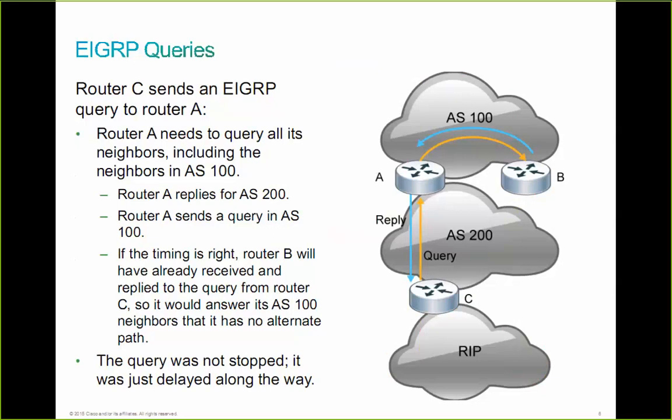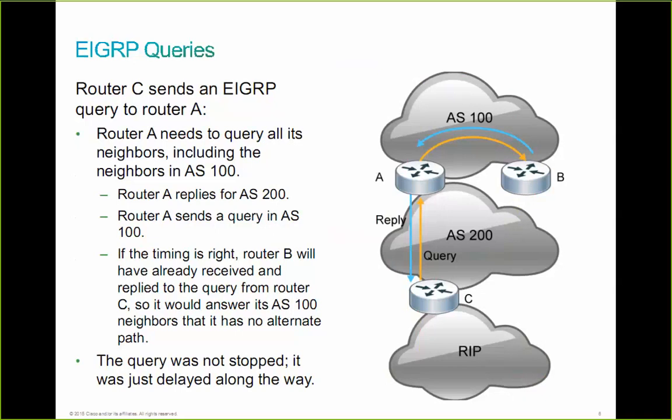But if I send a query to router A, we know router A is going to respond pretty quickly to router C because they're neighbors within the same autonomous system. So the query from router C gets answered pretty quickly by router A. But router A still needs to wait for a response from its query that it sent into AS100 as well, because the queries don't stop at the autonomous system, right?